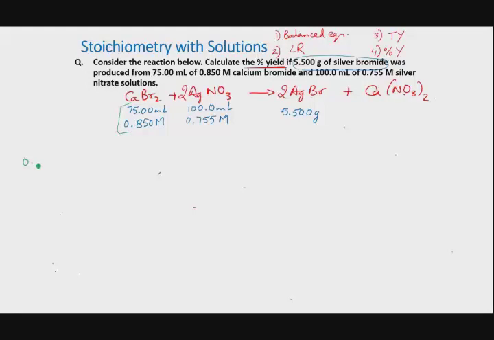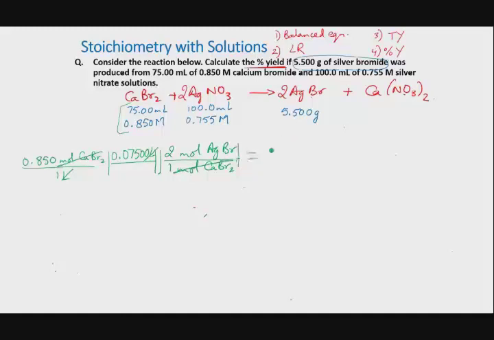So 0.850 moles of calcium bromide for every 1 liter multiplied by the volume in liters gives us moles of calcium bromide. This, using coefficients in the balanced reaction equation, lets us calculate the number of moles of silver bromide from calcium bromide, which calculates out to be 0.1275 without rounding silver bromide.